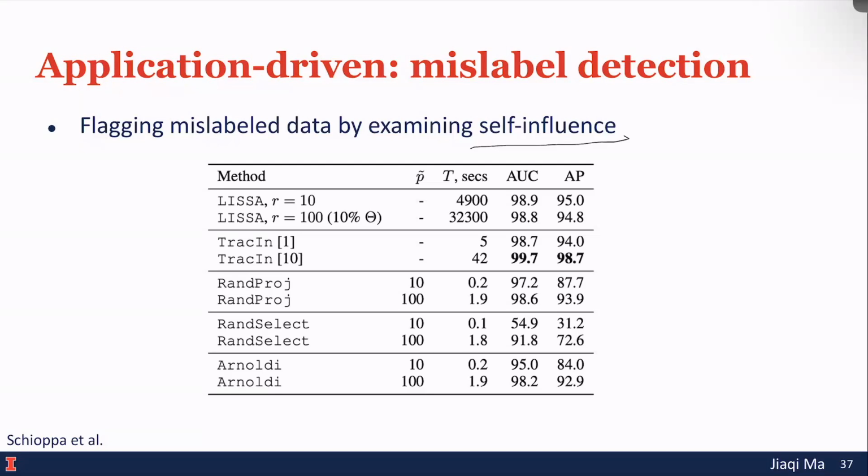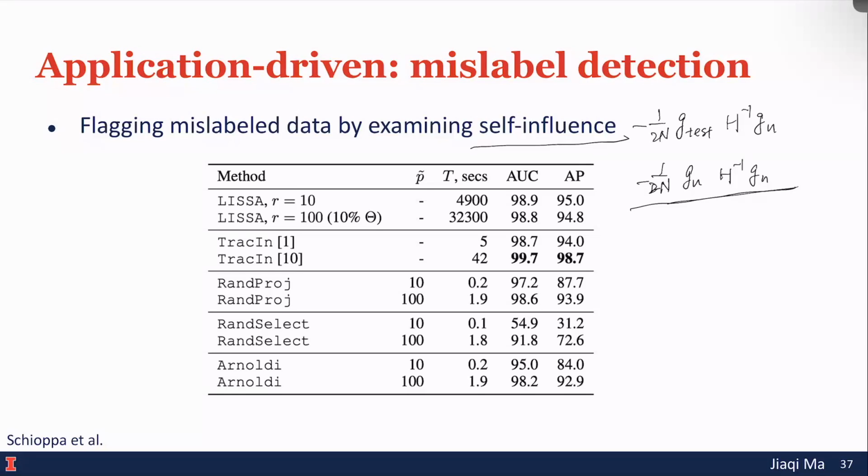So basically, instead of G test H inverse Gn, you calculate Gn H inverse Gn for each n. You call this self influence. Of course, there's some normalizing constant.